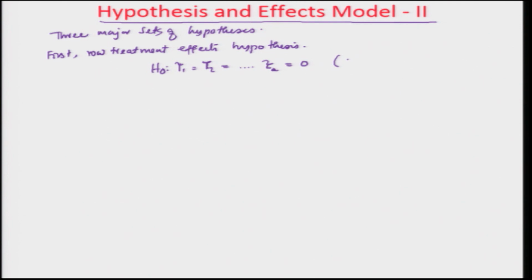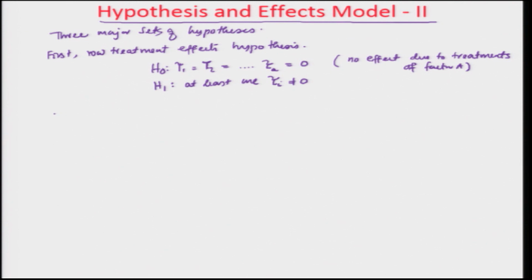That means no effect due to treatments or levels of factor A. The alternate hypothesis H1 says that at least one tau i is not equal to 0. So you are basically saying that one of them is significantly different from the other.